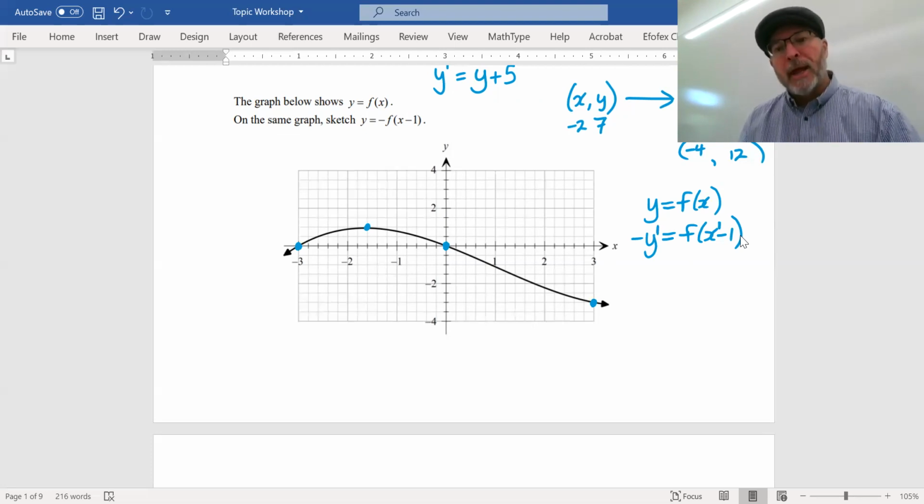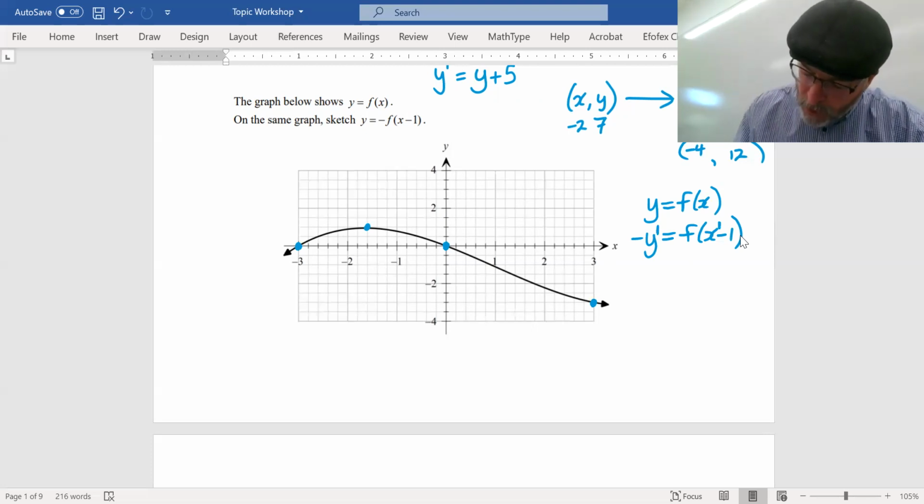All right, now matching up the left and the right sides, the y's and the x's, I can come out with some equations relating together the original and the transformed. I'll write it down. On the right-hand side here, x has become x prime minus 1, and y has become minus y prime on the left.